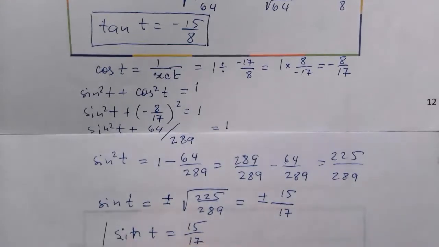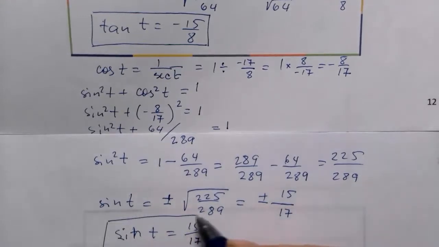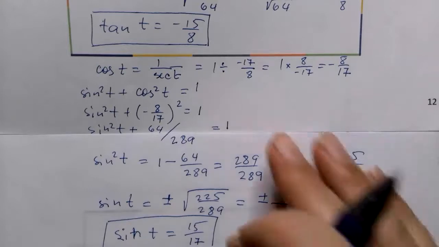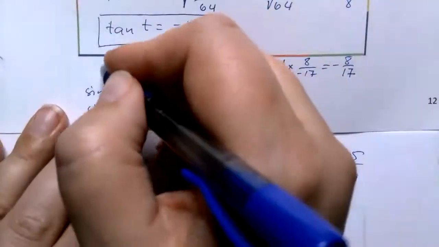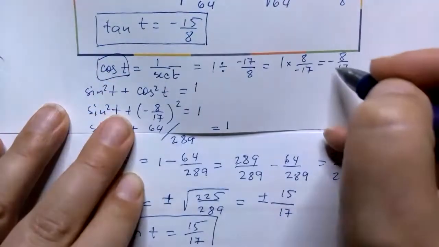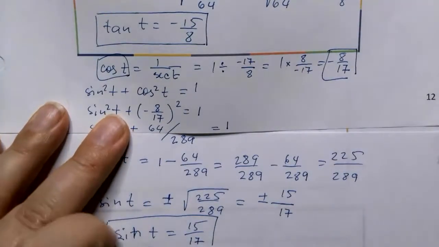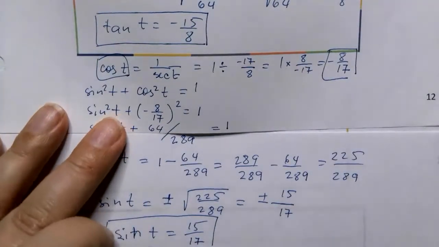So far we know tangent t, we know sine t, and we were given secant. In the process, we also found the cosine. So we already know four functions.